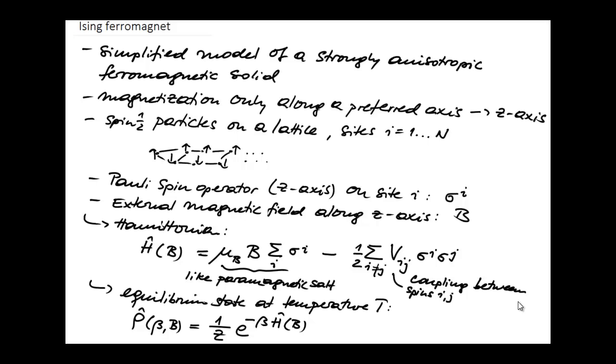Now, it's very difficult to calculate exactly this equilibrium state due to this quadratic interaction term in the Hamiltonian. That makes it difficult to evaluate this exponential. And therefore, one resorts to an approximation, the so-called mean field approximation.